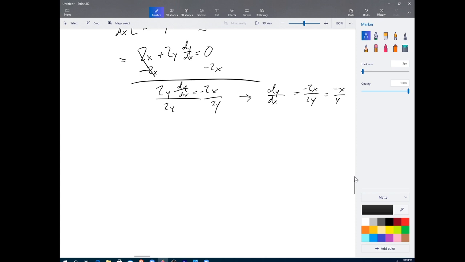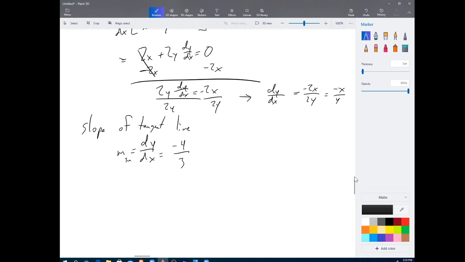Now, to find the slope of the tangent line, I know that that slope is the same thing as the derivative. I'm going to plug in, again, the point was (4, 3), so I'm going to plug in 4 for the x, 3 for the y, and there's my slope of the tangent line.